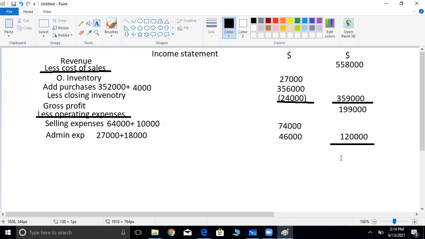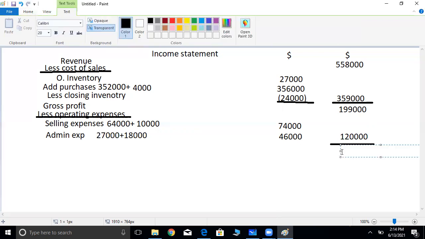That is known as profit before interest and tax, and the amount is 79,000. Tax is not given. Yes, interest on debenture is given, so I will subtract less interest on debenture.